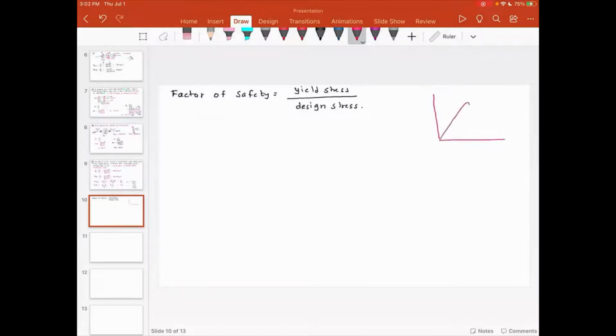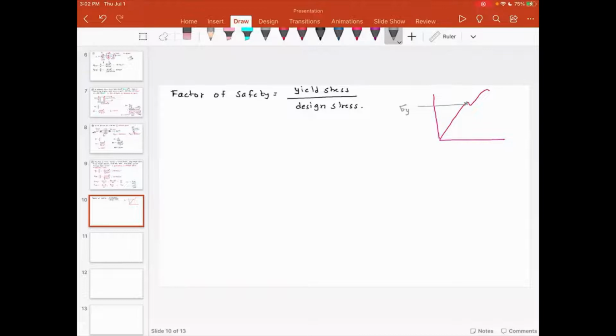Let me explain the meaning of factor of safety, starting with our stress strain diagram. So this is the yield point and this is the yield stress. So this is sigma yield. Now, yield stress is the limit because we don't want the material to go beyond its yield stress.